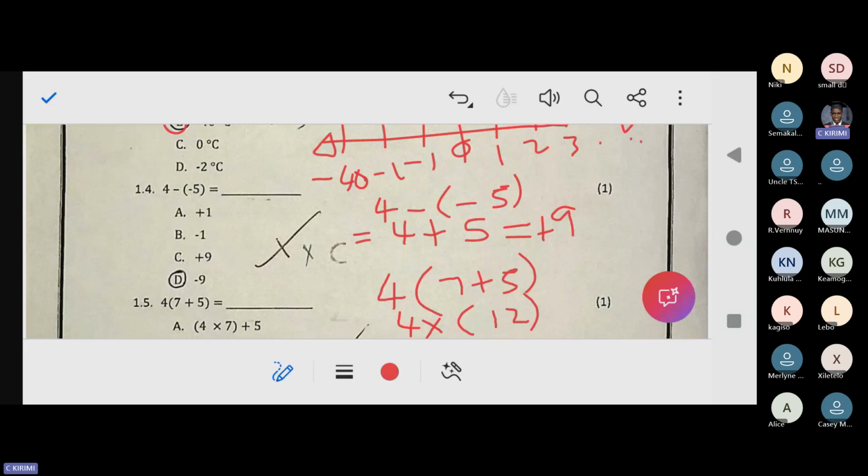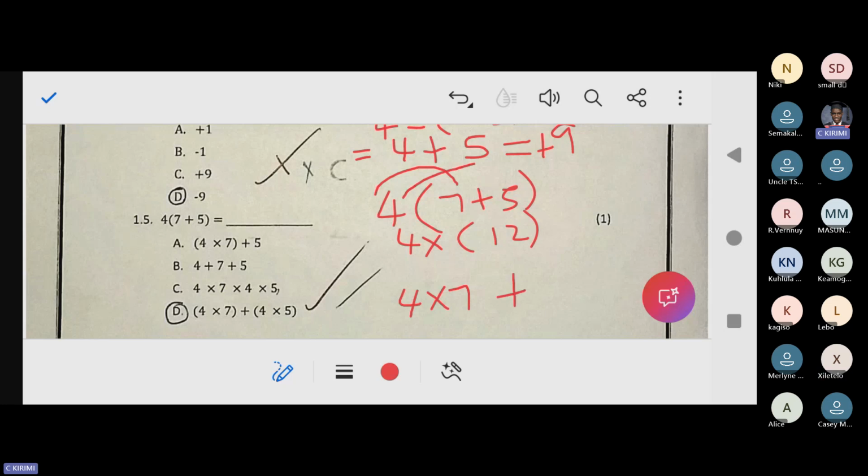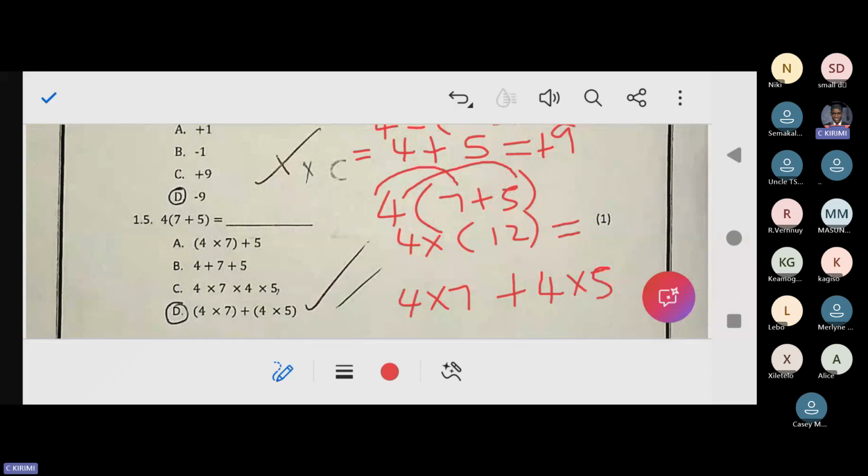They wanted you to use properties. Which property is correct in terms of distributive property, associative property, commutative property? First we say we are going to use the distributive property. You say 4 times 7 plus 4 times 5. Remember, the answer there is 48.